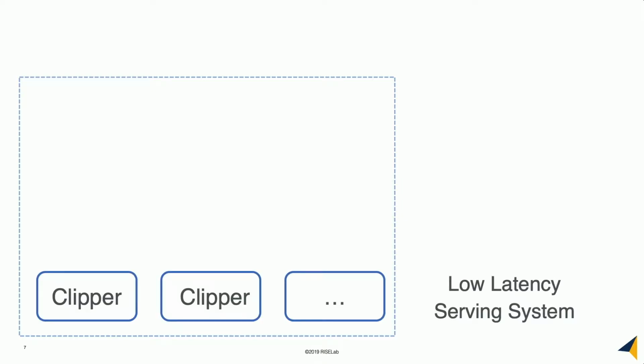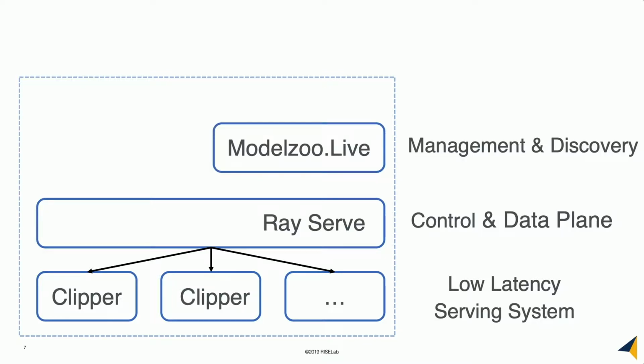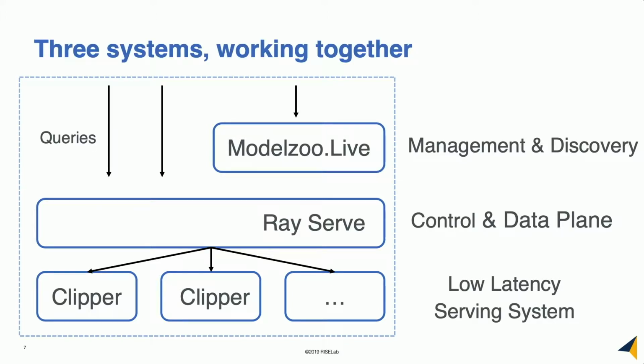By the end of the talk, you should have some sort of picture about how these three systems fit together. In particular, Clipper is a low latency serving system and containerization engine that wraps any machine learning framework. RayServe is a flexible control plane and data plane that scales to any number of nodes. And on top of that, we have modelzoo.live, which is a UI and management service for model sharing and discovery. An end user can send queries to any of the components.